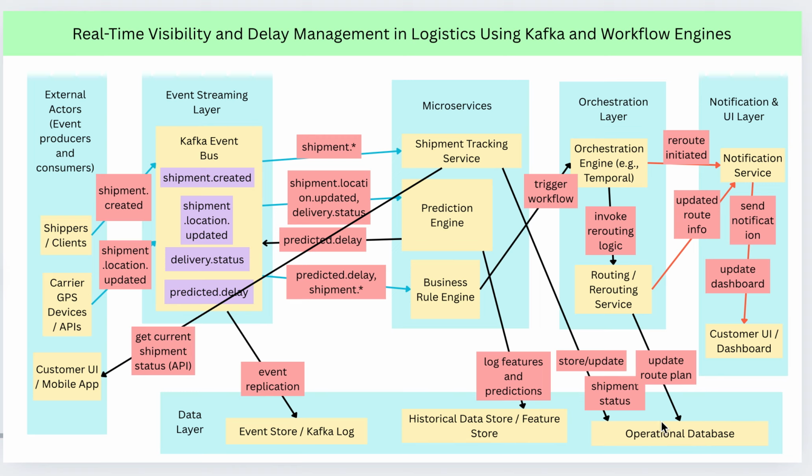The data state here is that the shipment status is enriched and persisted for querying. For example, a shipment just left Chicago, expected arrival in Detroit at 3 p.m.